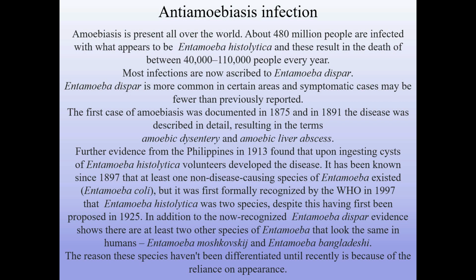In addition to the now recognized Entamoeba dispar, evidence shows that there are at least two other species of Entamoeba that look the same in humans, Entamoeba moshkovskii and Entamoeba bangladeshi. The reason these species haven't been differentiated until recently is because of their reliance on appearance.